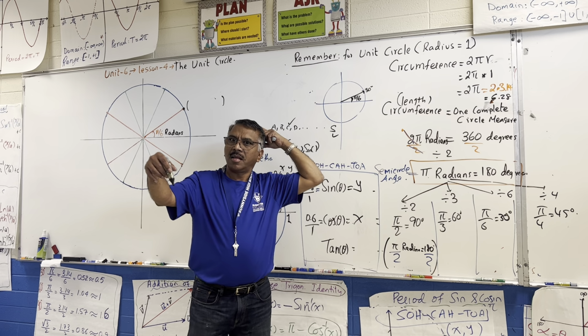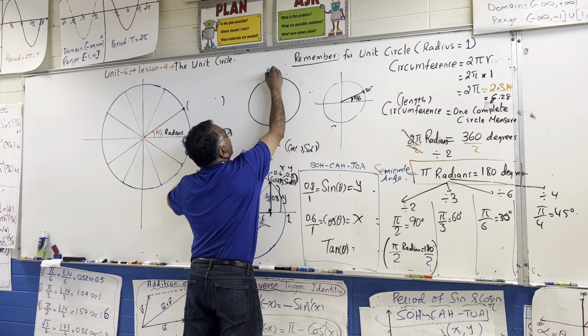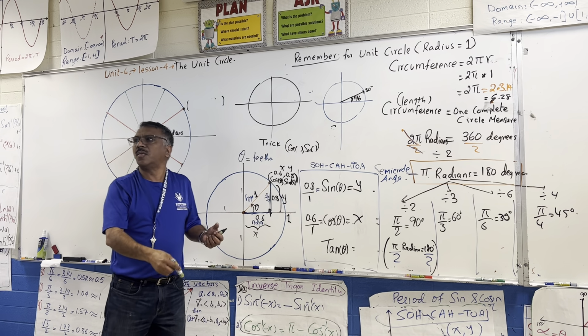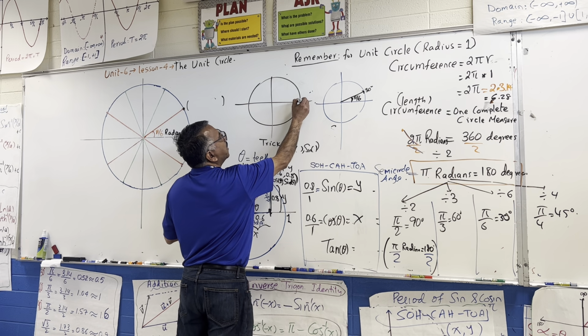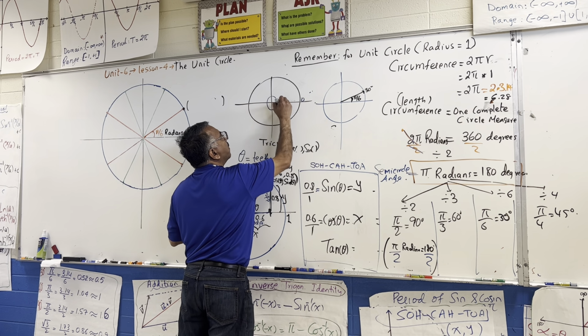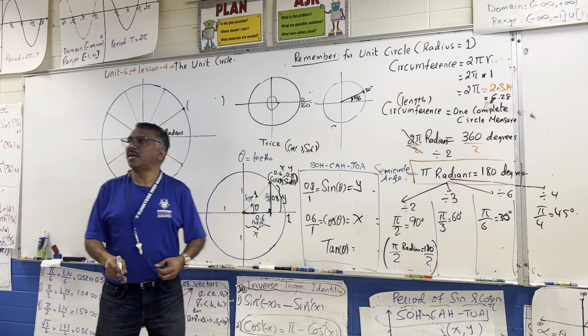Got it? Can somebody tell me how many 30s are there in the whole circle? Suppose I start with 0 and go around this, come back to 360. Can you tell me how many 30s are there all around?